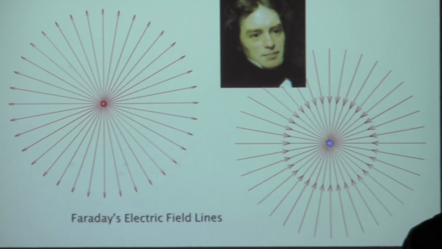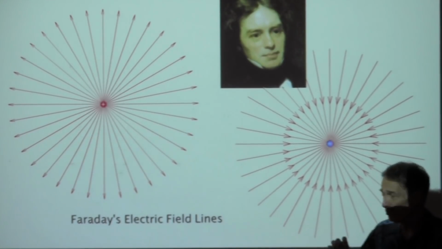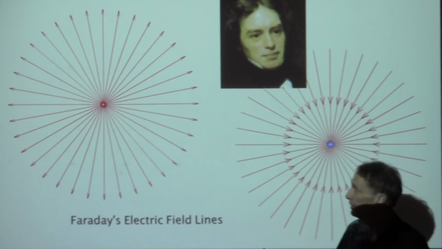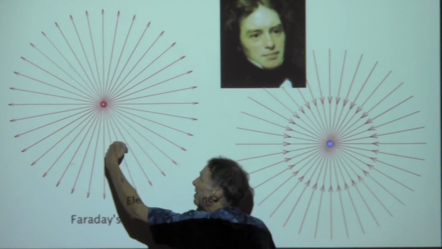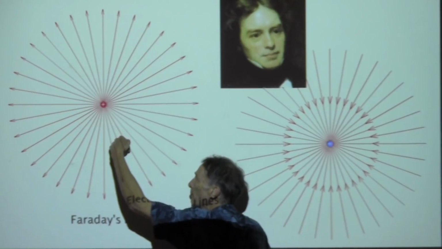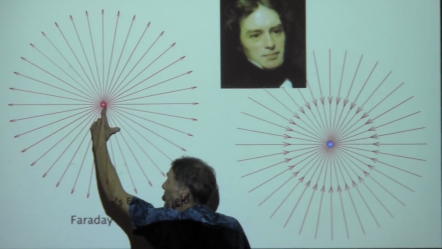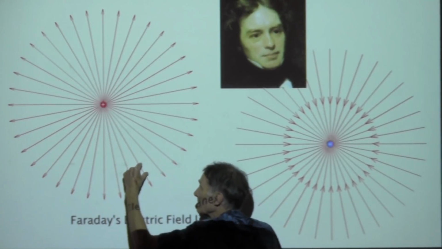And they're, again, a great way of visualizing that runs a little different from the way we usually think of vector fields. Usually you would think of a little vector here that would be pointing away, and it would have a greater magnitude the closer it is and weaker as it gets out.